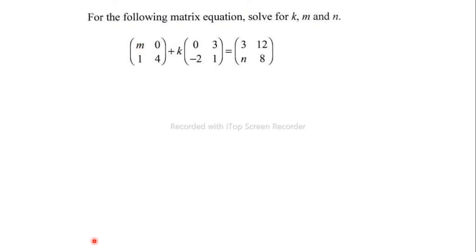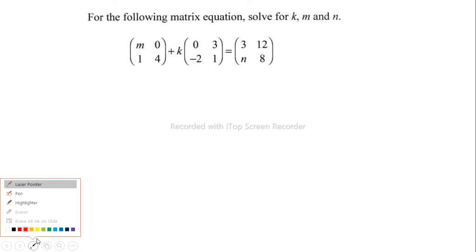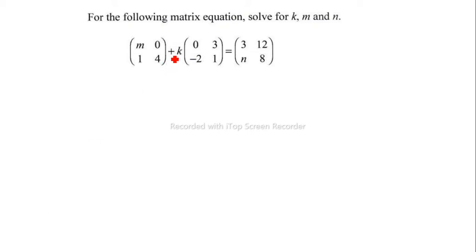The way we do this is notice that we have the K on the outside. So this K is going to be multiplied by every term in this matrix. Since we have the K on the outside, we call K a scalar. So this scalar is going to be multiplied by this 0, by this 3, by this -2, and by this 1.